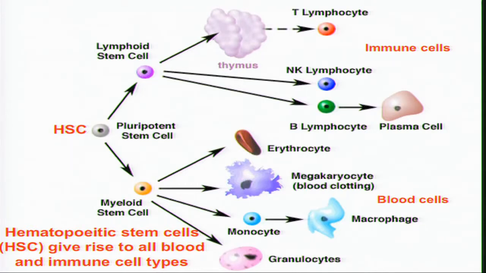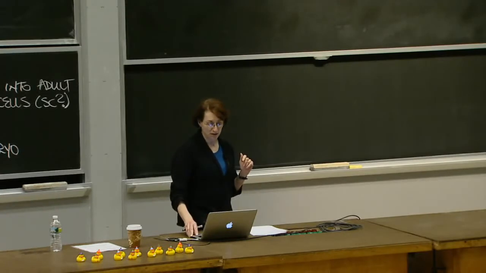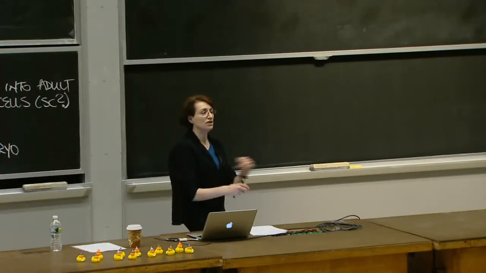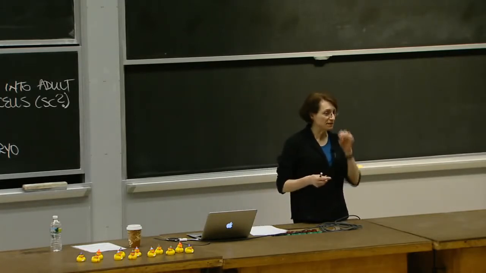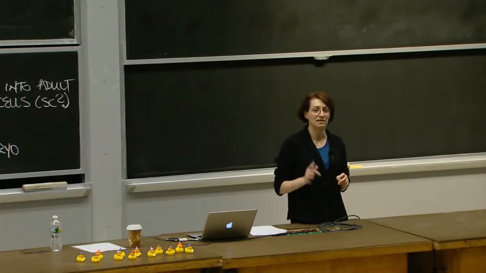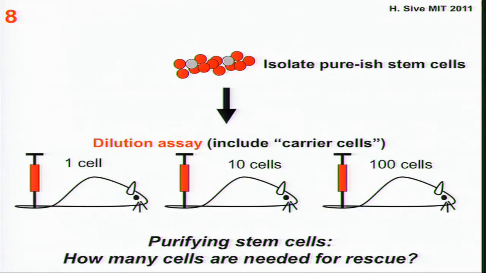And the ability to actually make this diagram and say that there was a single cell that gave rise to all these different lineages was because of a titration assay. You could take these putative hematopoietic stem cells, which were difficult to isolate and still haven't been isolated in their purity, but you can titrate them down, and introduce what you think is 1 stem cell, 10 stem cells, 100 stem cells, and so on, into an irradiated mouse, and ask how many stem cells does it take to repopulate the entire blood system and immune system.